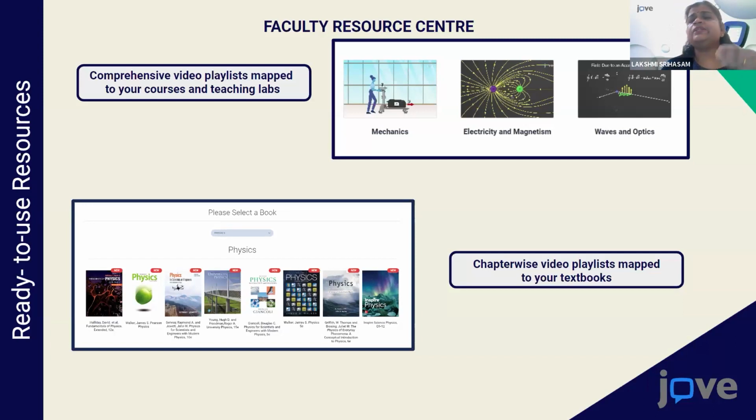They are arranged in the same manner as they appear in the textbook. Whenever you click on any of these books, it will open various chapters, and each chapter has the subtopics from the textbook and the videos present in those subtopics. So this would be a great supplement for the student who is referring to that particular textbook.